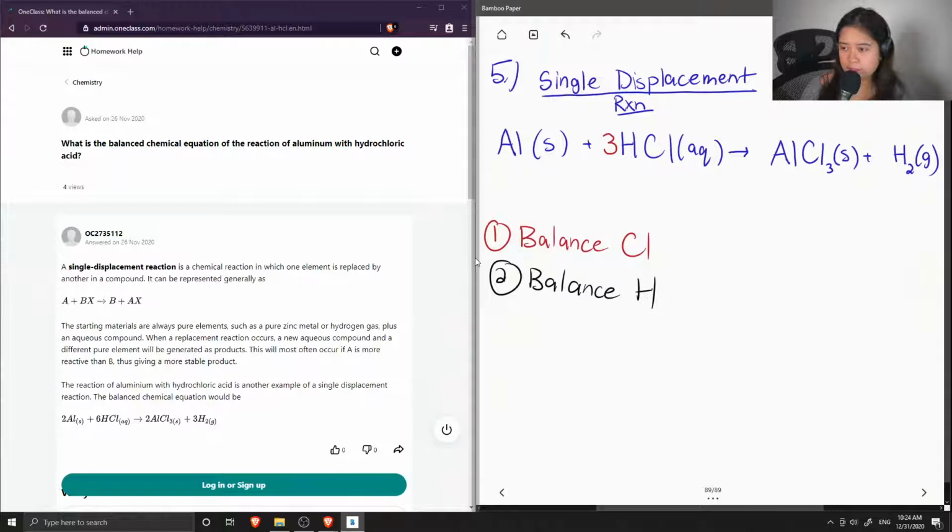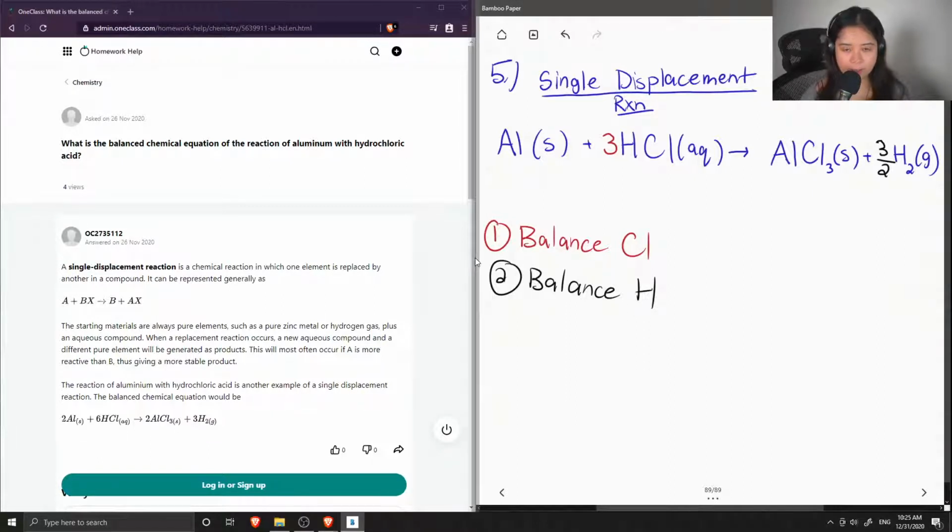Notice that there is an odd number of hydrogens on my reactant side, and there's an even number on my product side. So I know I need to get fractions involved somehow. The way that I do it with diatomic elements, such as H2, is that I put however many hydrogens are in my reactant side, so 3, and then I divide it by 2.